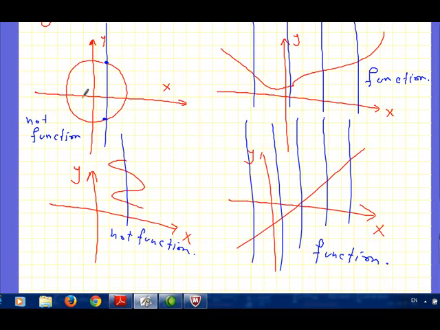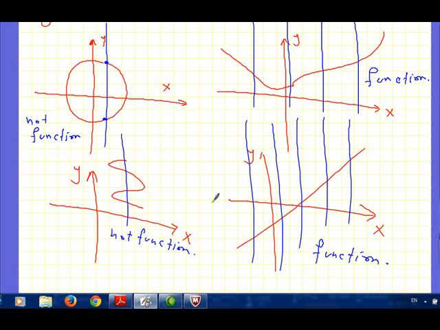For example, this circle equation, we take a vertical line which cuts the circumference at 2 points, so this equation does not represent a function. It is only an equation which represents a relation. For this function, take any arbitrary vertical lines.